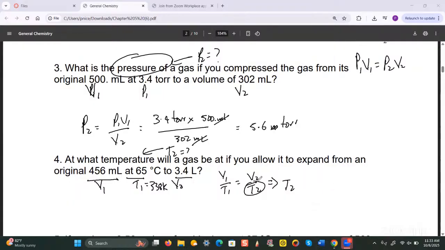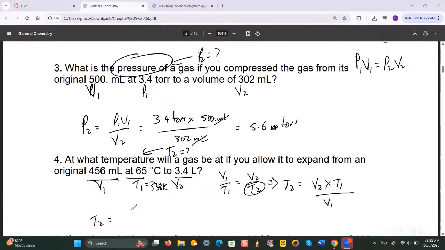Wait a minute. You want to isolate T2 on one side, right? If you divide both sides by V2, you have to. Yeah, what I would do is cross multiply, and I would get V2 multiplied by T1 over V1. All right? And then we put the numbers in.